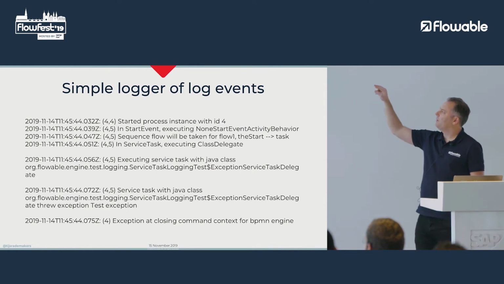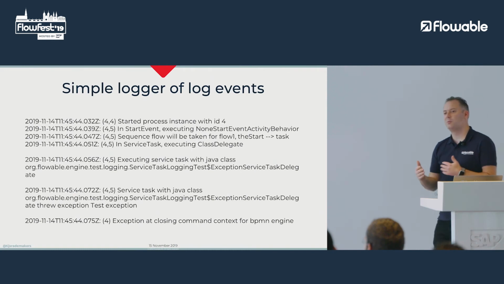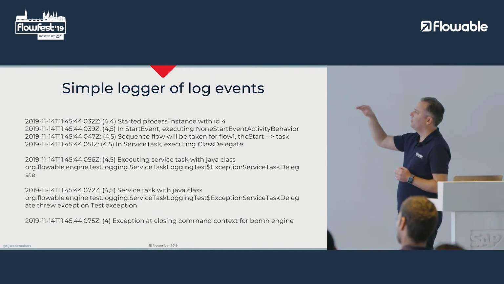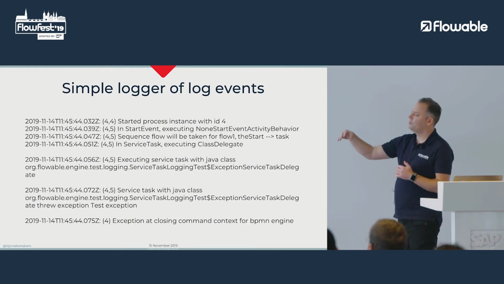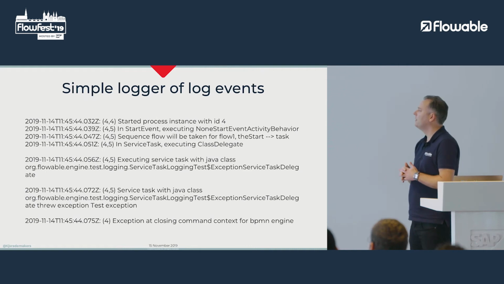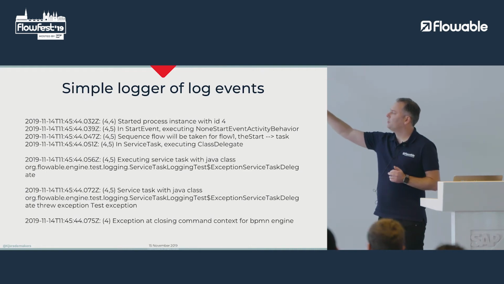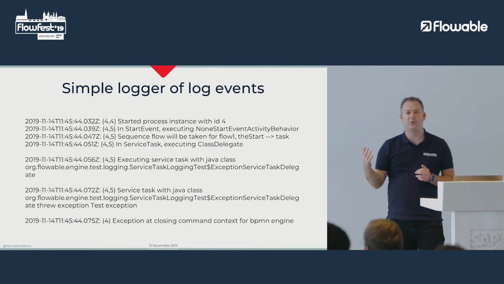You can see the beginning of that and the end, so you can actually also do some performance measurement if you are calling something outside of Flowable. So you know exactly this is where we started the execution of that class and this is where we ended. And then at the bottom the transaction was done, and we are closing the command context.